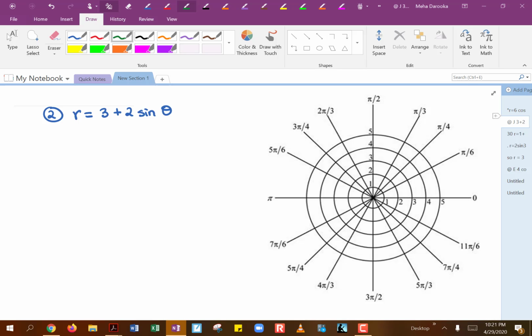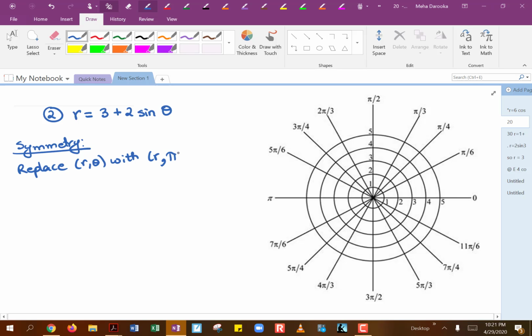The first thing we want to do is figure out what kind of symmetry our function has. So we are going to replace our original r and theta with, we'll just start with the first one, r and pi minus theta.